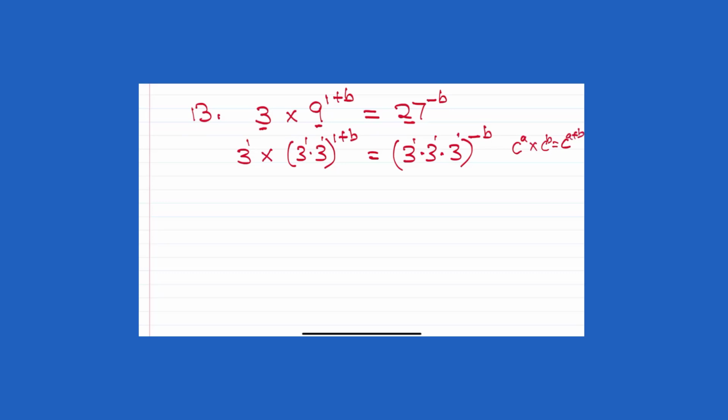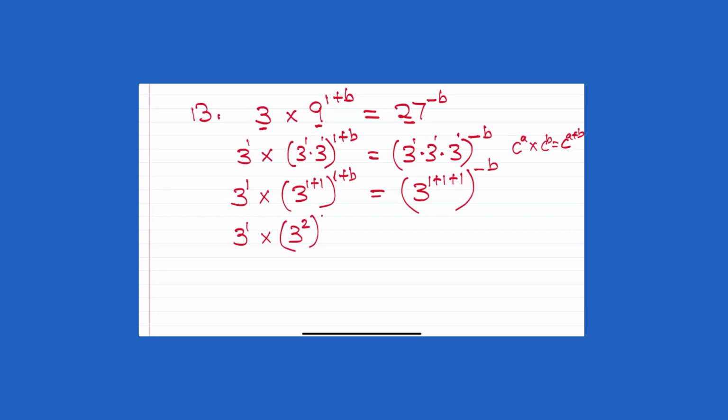So in this instance, we'll keep this one separately for now, and let's work with this one. So 1 plus 2, and then 1 plus b, and this one will be 3 to the power of 3 equals minus b. To solve further, let's keep this one for now, and this will be 3 to the power of 2 times 1 plus b, and this will be 3 to the power of 3, and we have minus b.